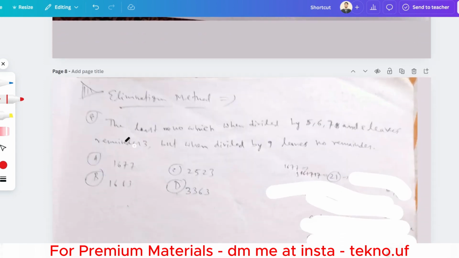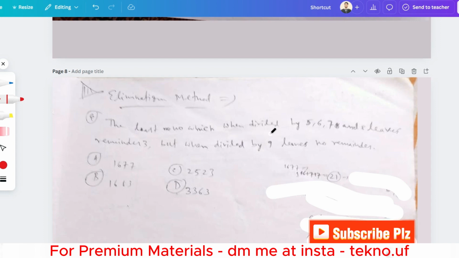Like the problem: the least number which when divided by 5, 6, 7 and 8 leaves remainder 3, but when divided by 9 leaves no remainder. So how to calculate this very easily? You can follow the elimination method. If you are solving problems often, then you can get which method to follow.